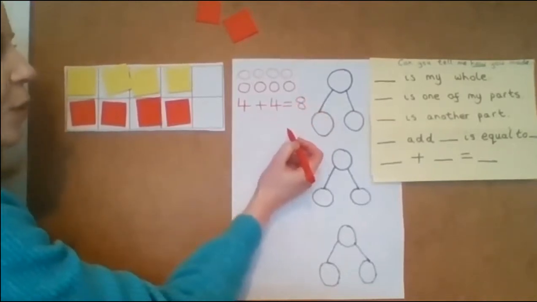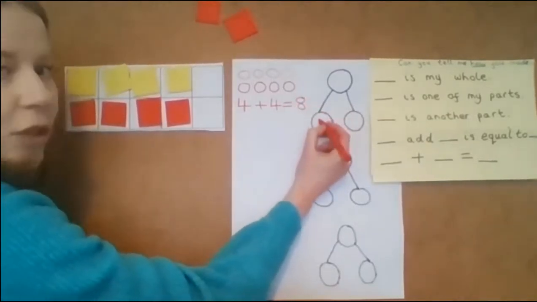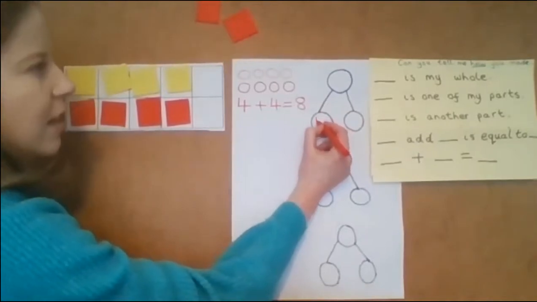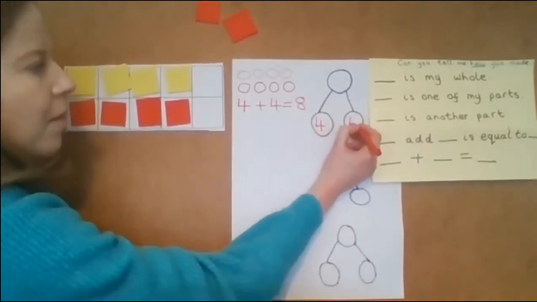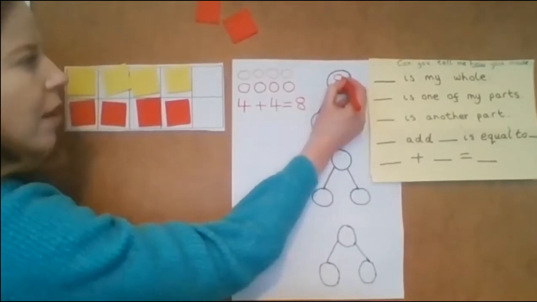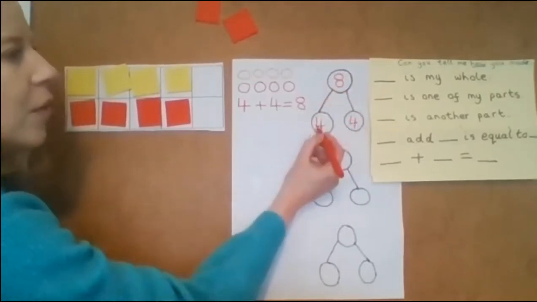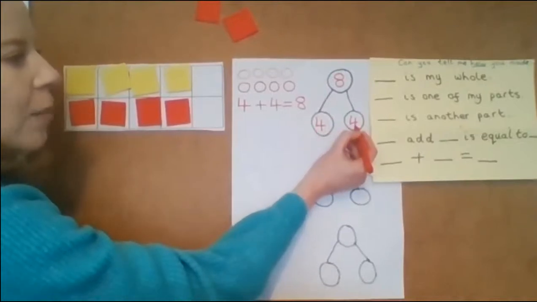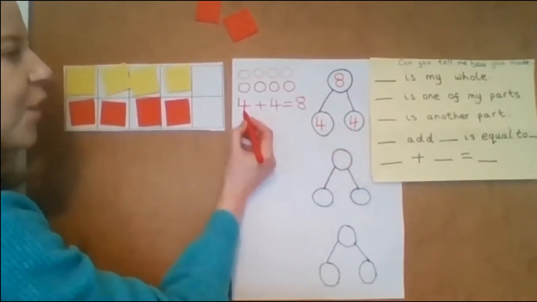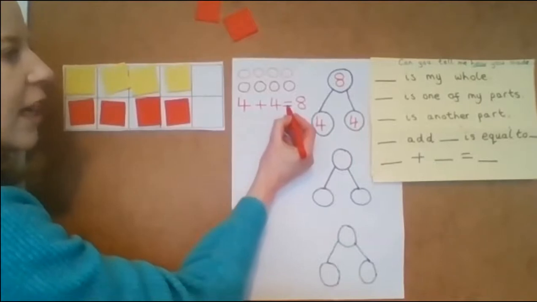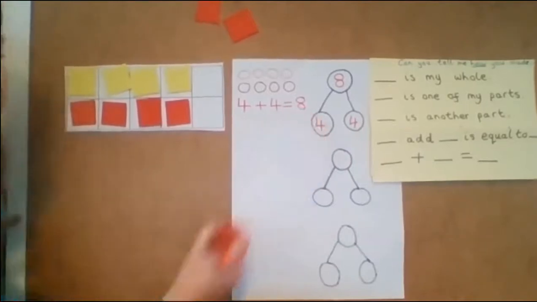And if I was to put it in my part whole model, I would put it in like this. 8 is my whole, 4 is one of my parts, and 4 is another part. 4 add 4 is equal to 8.